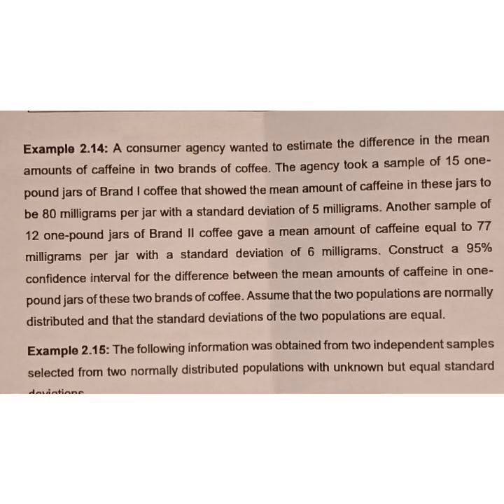Considering this example: a consumer agency wanted to estimate the difference in mean amount of caffeine in two brands of coffee. The agency took a sample of 15 1-pound jars of brand 1 coffee that showed the mean amount of caffeine in the jar to be 80 milligrams per jar with a standard deviation of 5 milligrams.